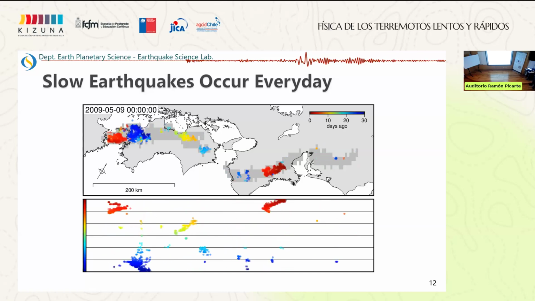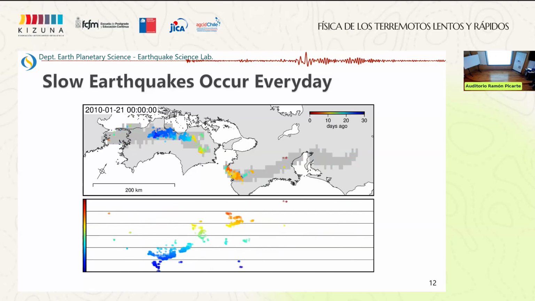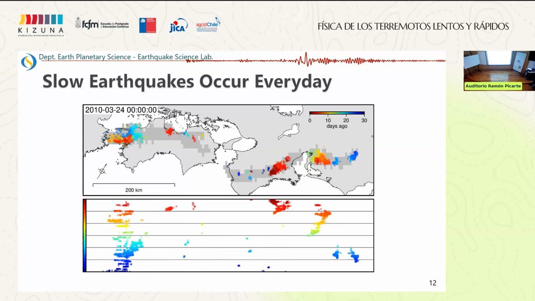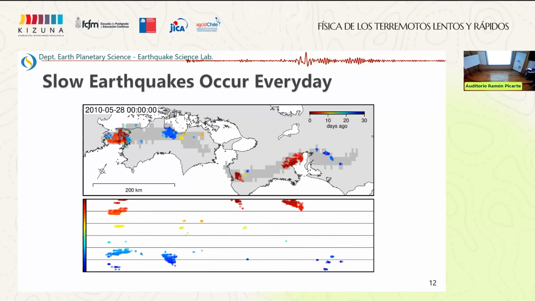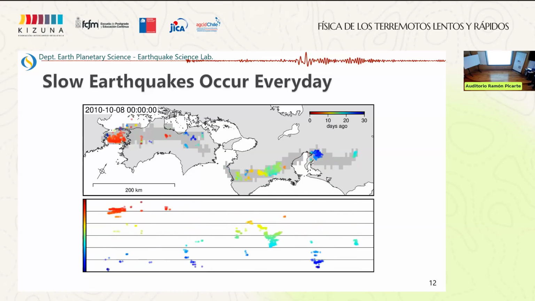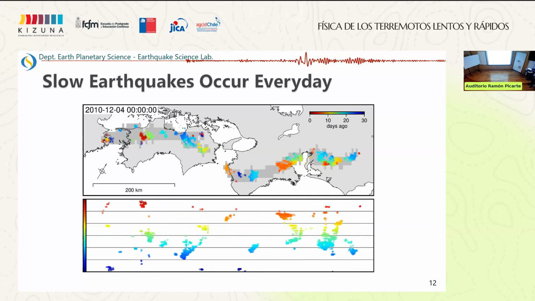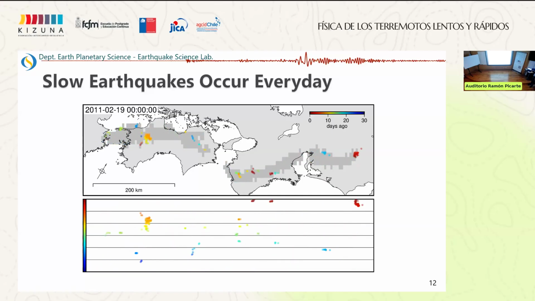So tremor starts somewhere and propagates in one direction or bilaterally. So it's a very complicated occurrence. But generally, they occur in almost the same place, restricted to this gray area.